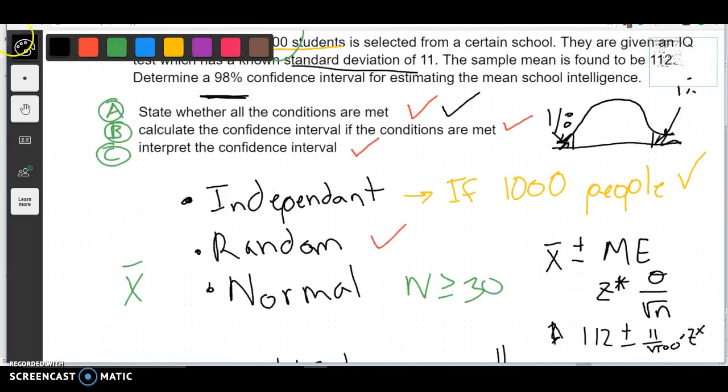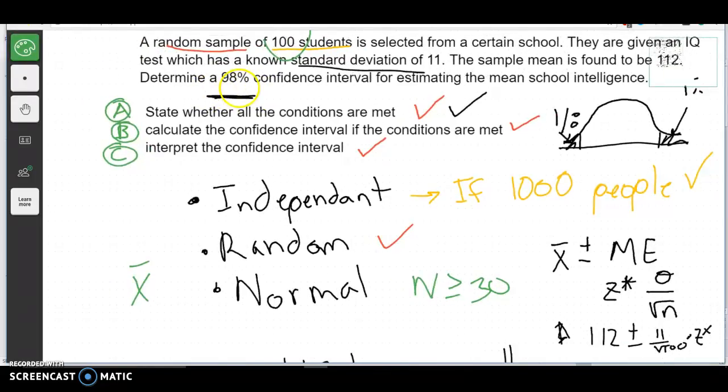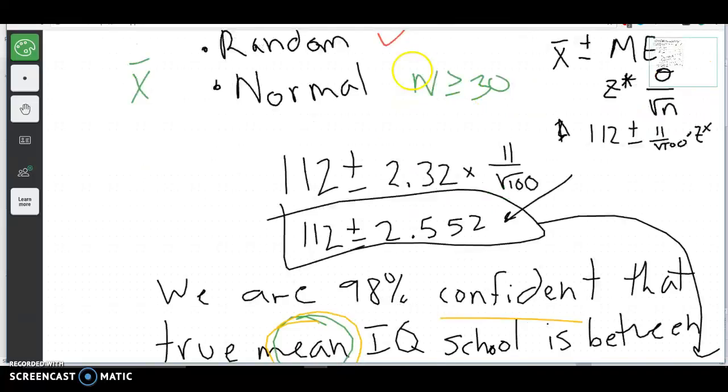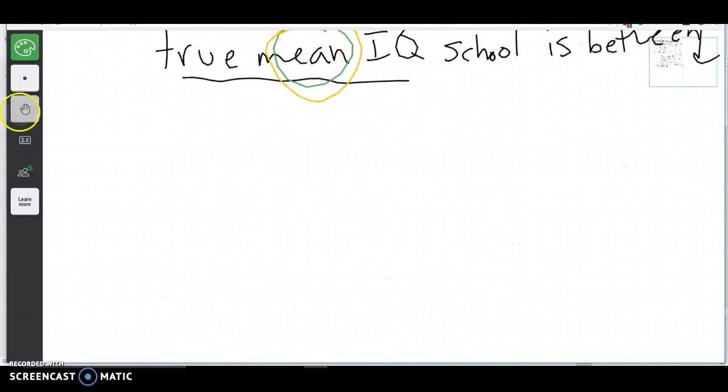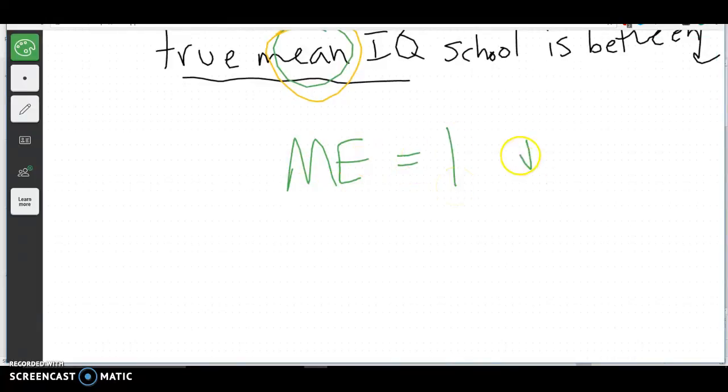Let's say we want to keep a 98% confidence interval, but this time I don't want my margin of error to be so big. Like, that's pretty wide, like 2.5. Like, maybe I just want to be off by, say, 1. So let's say we want our margin of error to be 1, and I still want a 98% confidence.